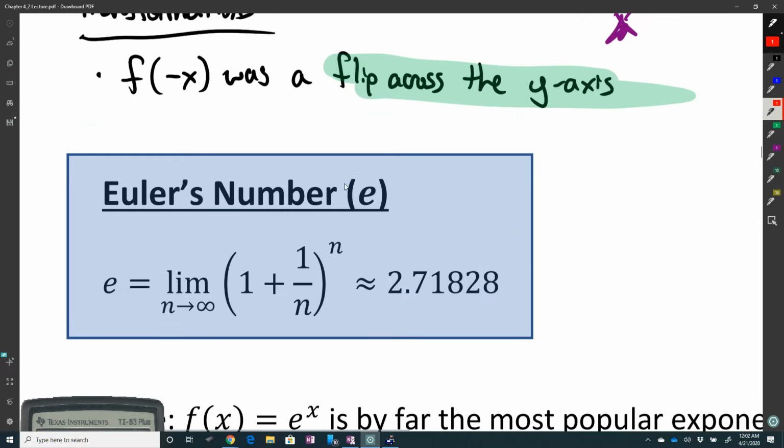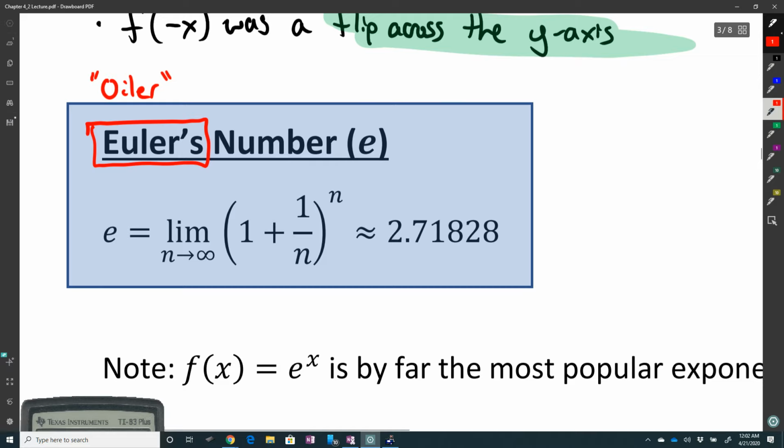All right. So Euler's number. Euler is a very popular guy in math, and you have to pronounce his name correctly. You pronounce it like Oiler, but it's spelled differently.